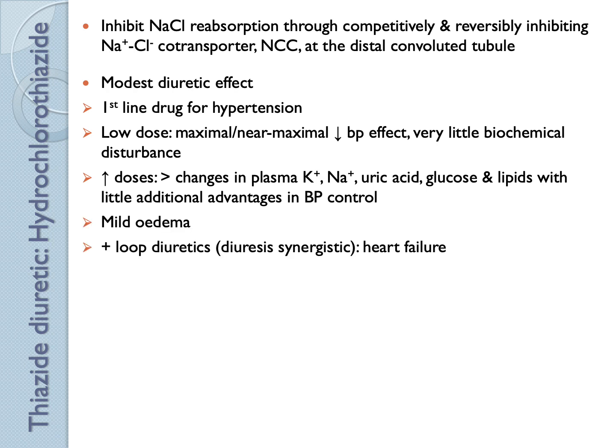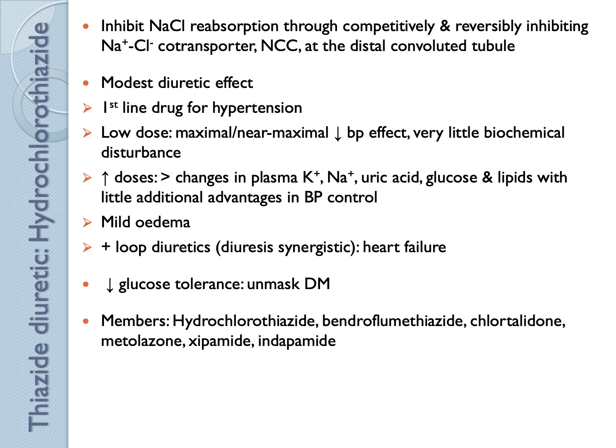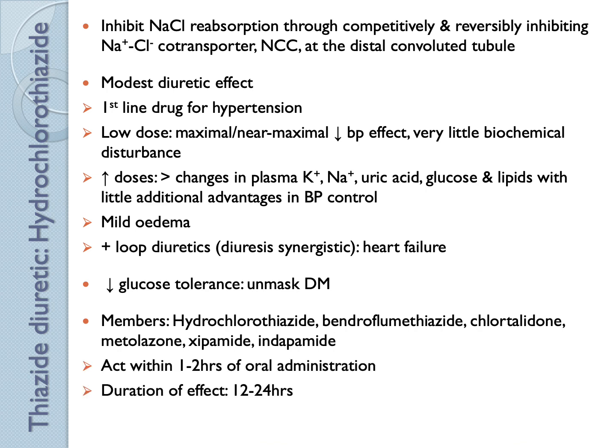However, you can use it in combination for resistant cases with other diuretics. It can cause a little bit of changes, but not so much. Bear in mind, it can also affect the glucose and lipid profile of the person. Hydrochlorothiazide is the most commonly used one, with a little bit of diuresis effect, but not as strong.